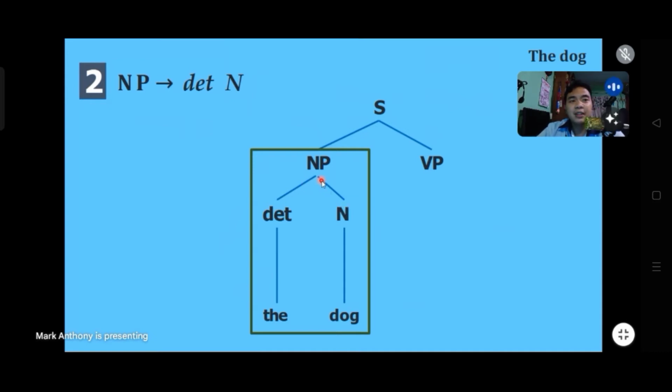The determiner would be "the," and the noun would be "dog," of course. So there you have it, our second basic structure rule, the noun phrase.